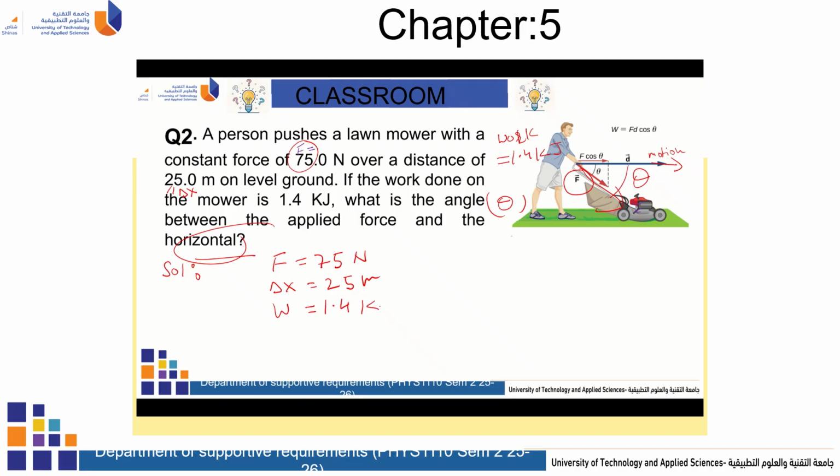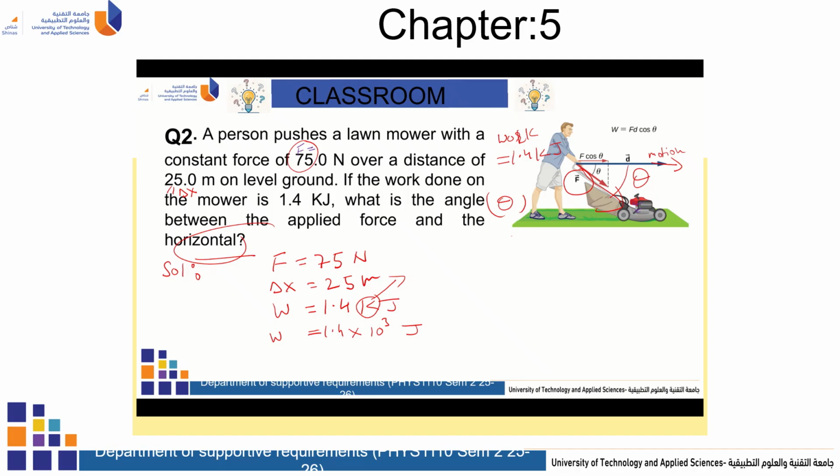The unit of the work is joule, not kilojoule, so we have to eliminate the kilo. In terms of joule, the value would be 1.4 multiplied by 10 to the power 3, to make it in the unit of joule. So this is the work value given.